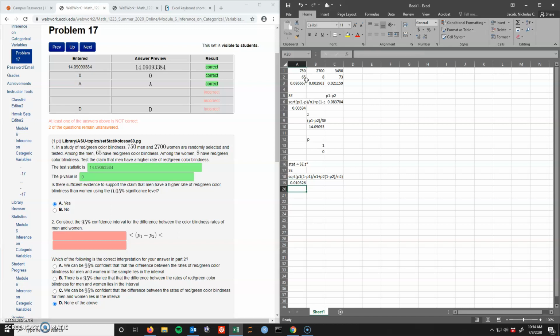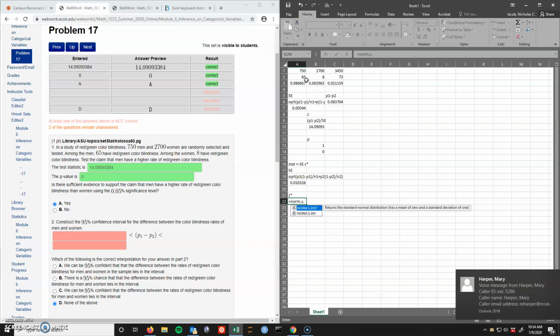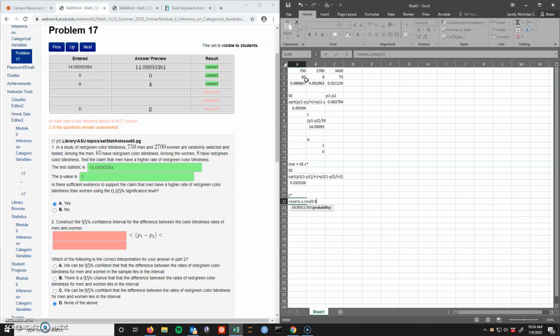Okay. I need the Z star too, don't I? So for Z star, I want a 95% confidence interval here. So I'm going to do NORM.S.INV, and the probability that I want for this one is 0.975.